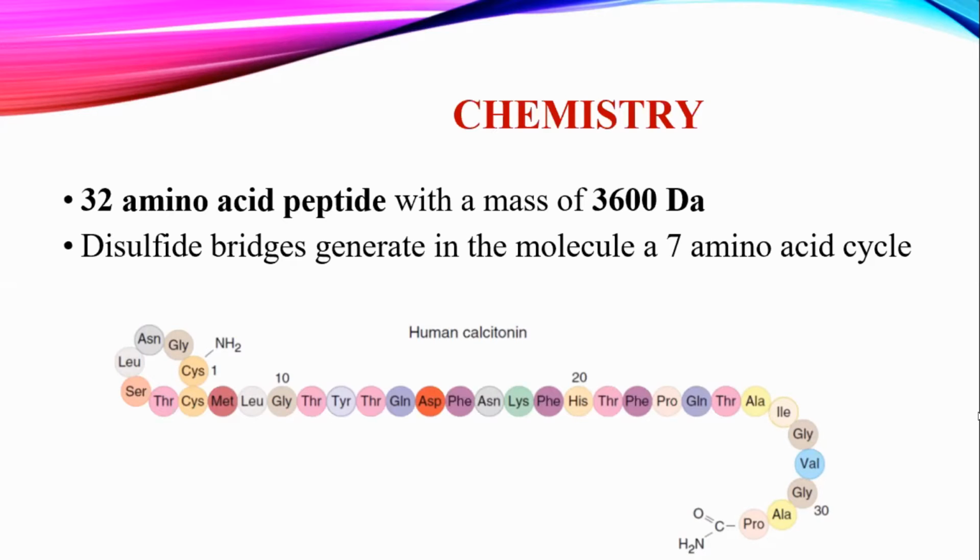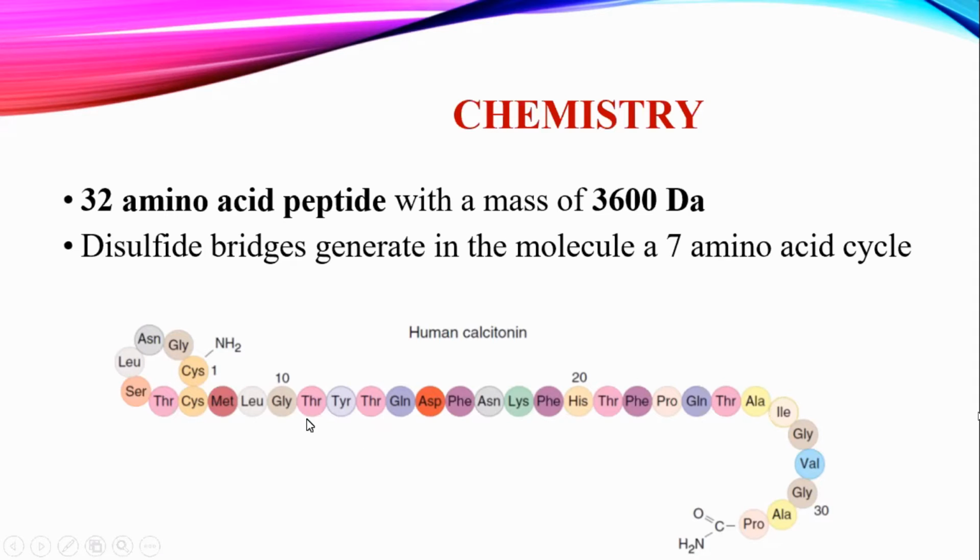Like the disulfide bridge you have seen in vasopressin and oxytocin, here also seven amino acids form an intrachain disulfide bond, creating an amino acid ring.